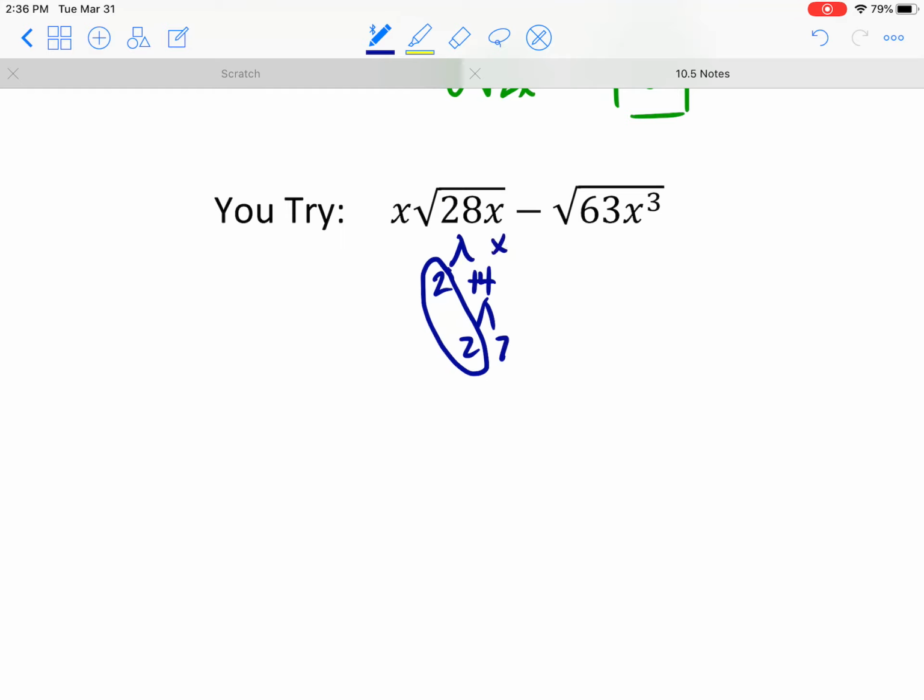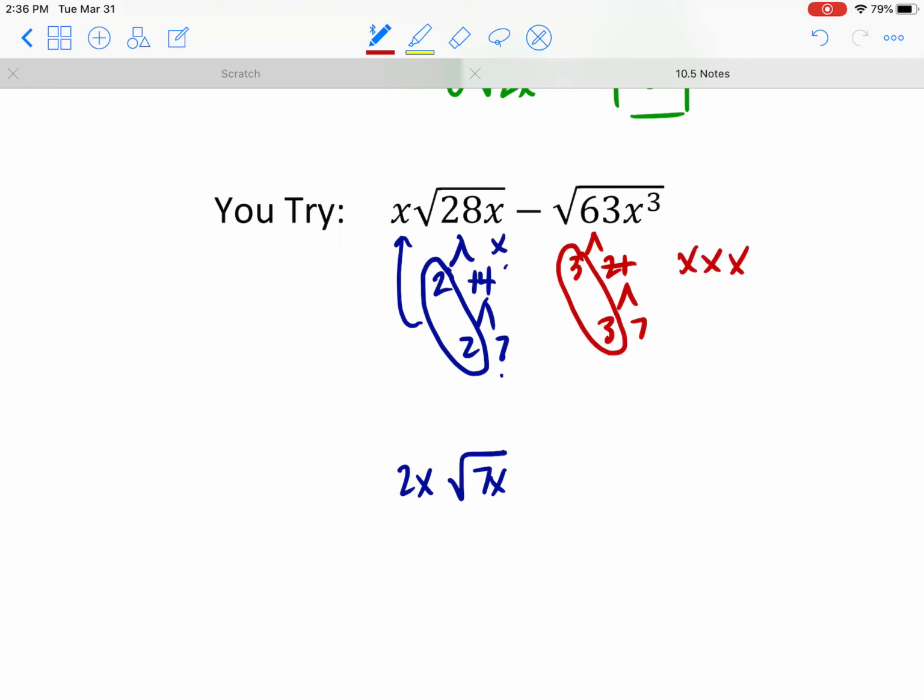All right, so 28 is 2 times 14, and that's 2 times 7, so a 2 is going to come out of this radical. Just one x is going to be stuck. So 2 times x gives me a 2x in front of a radical 7x. Okay, 63. Let's see, 3 goes in 21 times, and then that's 3 times 7, so a 3 is going to come out.